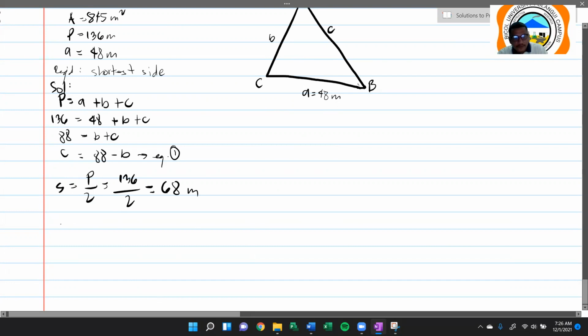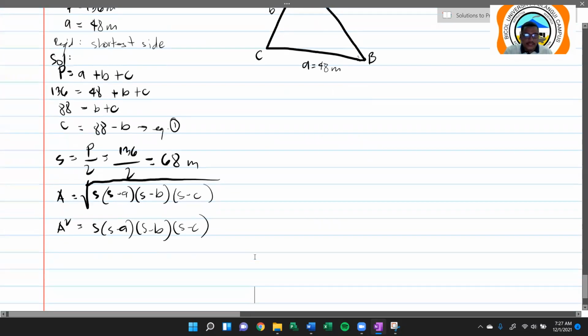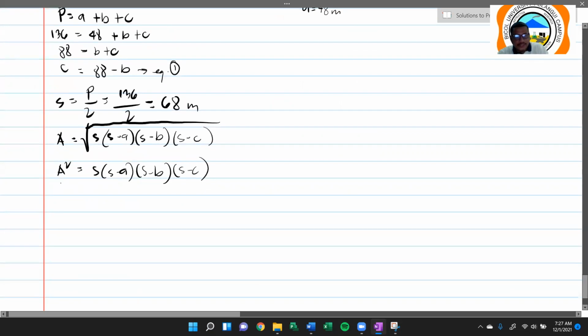So using Heron's formula, our area is equal to the square root of S times S minus A times S minus B times S minus C. Now let's square this. So our A squared equals S times S minus A, S minus B times S minus C. Now let's substitute the given.